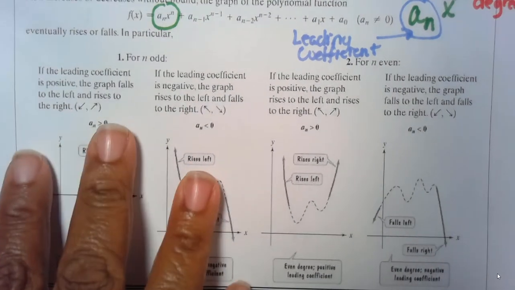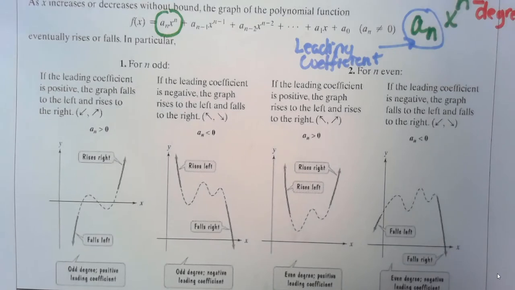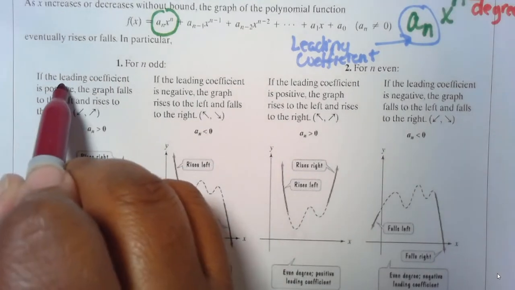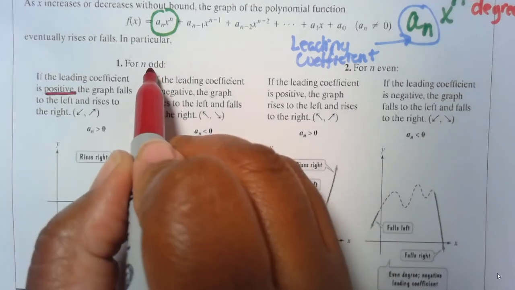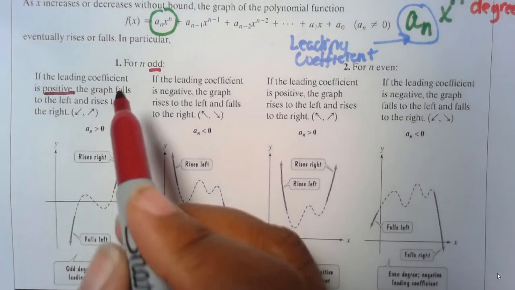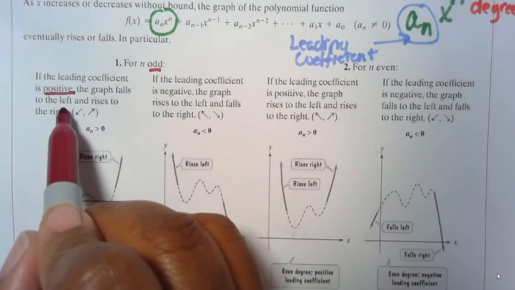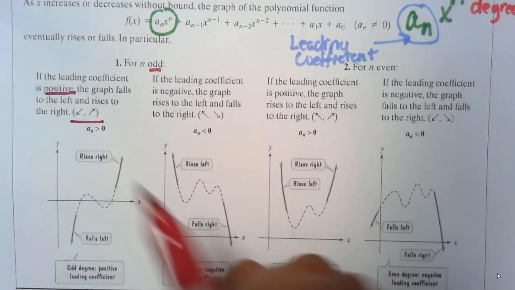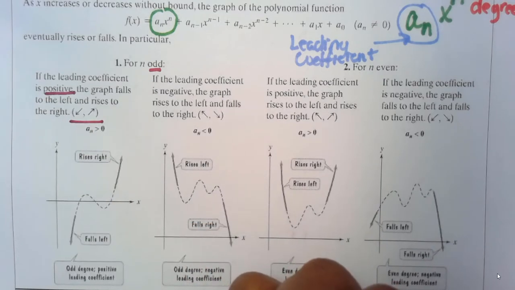When the leading coefficient is positive, okay, so let's underline that component there. When the leading coefficient is positive, whenever you have an odd exponent, the graph falls to the left and rises to the right. So they're going to be in opposite directions.